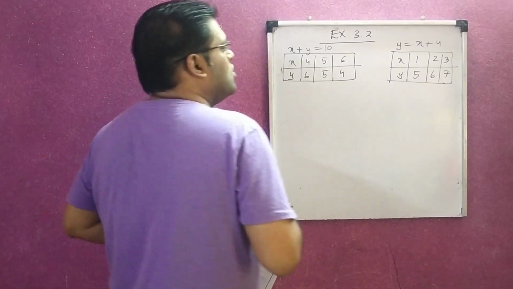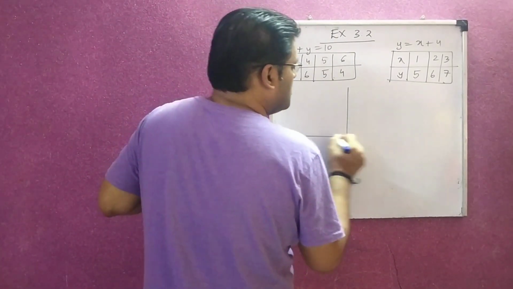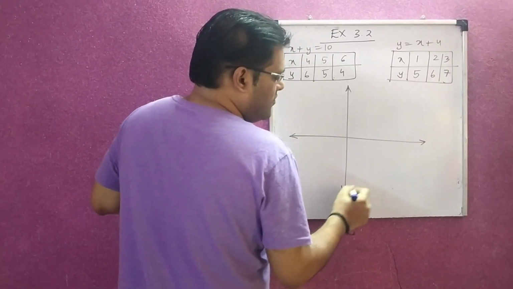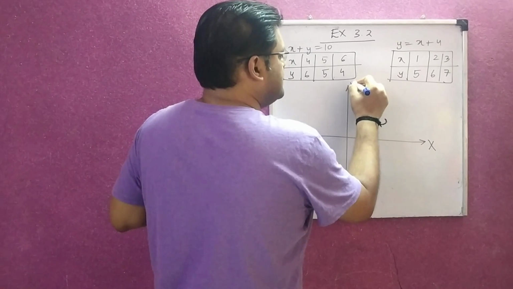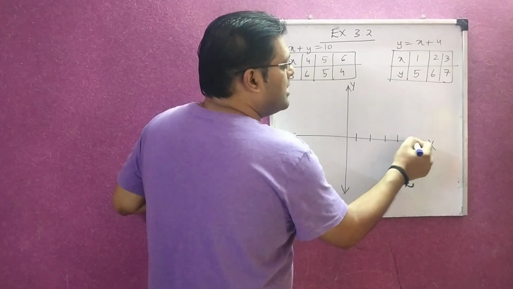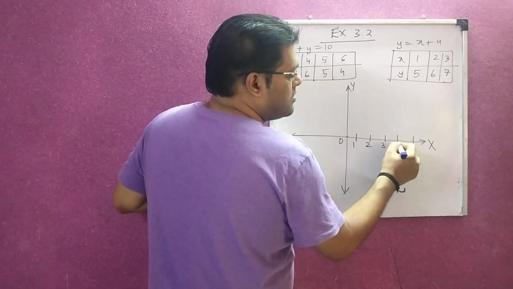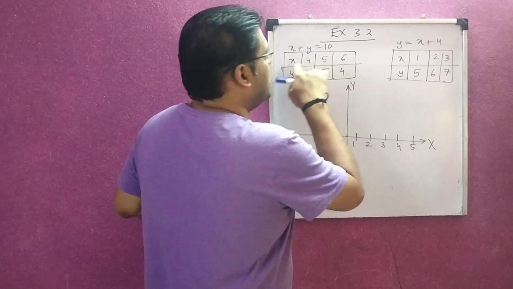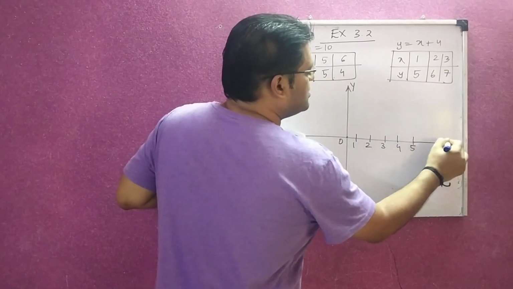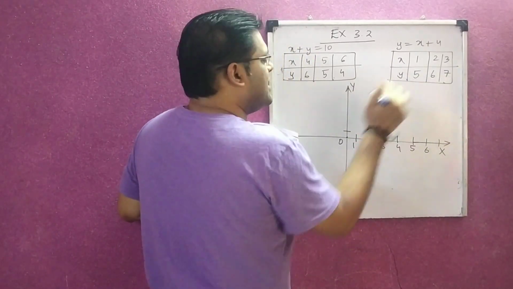Now what we are going to do is first draw your x-axis and y-axis. Over here, mark. I have the values for x up till 6, so I will mark the values on the x-axis up till 6. Here on the y-axis I have up till 7.